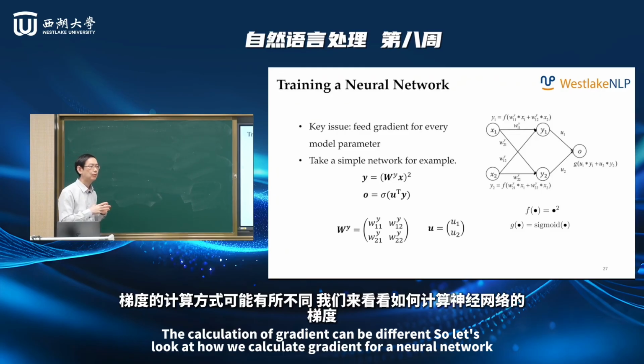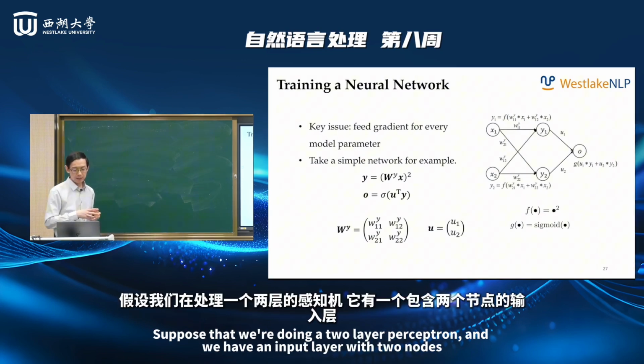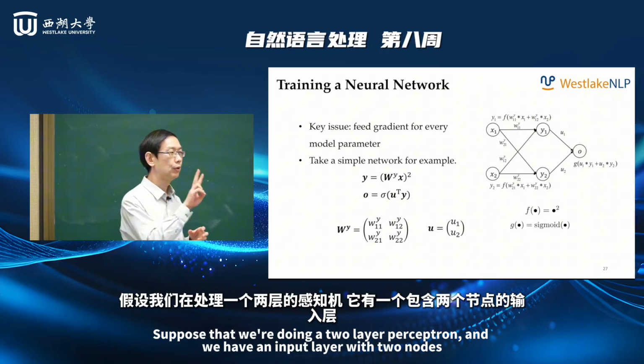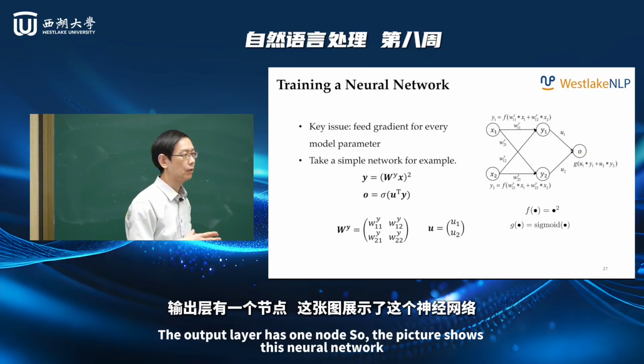So let's look at how we calculate the gradients for a neural network. But before I tell you something abstract, let's just roll up our sleeves and do one case. Suppose that we're doing a 2-layer perceptron, and we have an input layer with 2 nodes, a hidden layer of 2 nodes, and an output layer of 1 node.